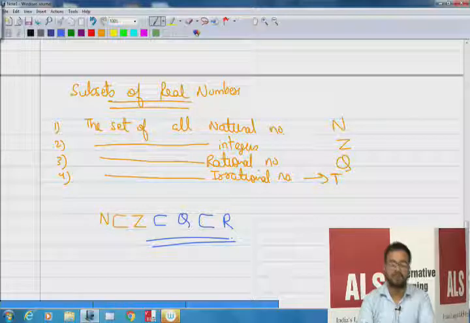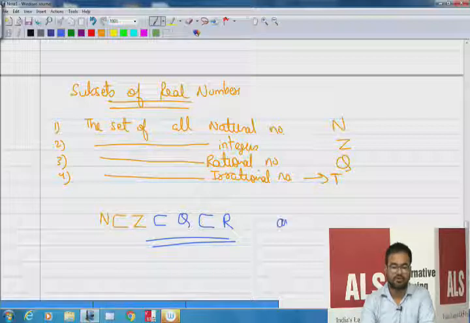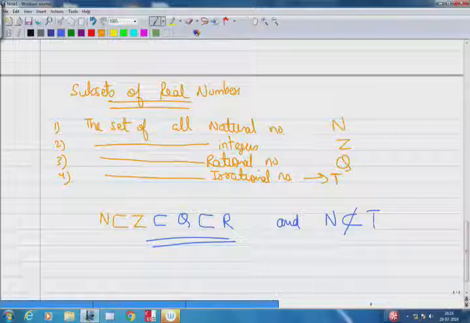That's why we have used only this proper subset sign. And if it is not a subset, for example natural numbers are not a subset of irrational numbers, we can cancel out the symbol like this. So this is the way in which we can write the proper subset.